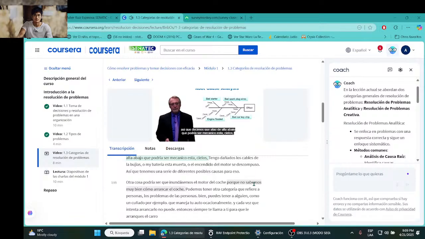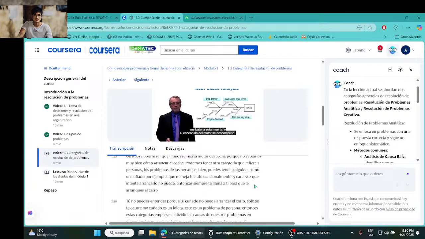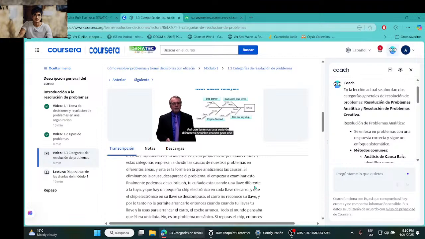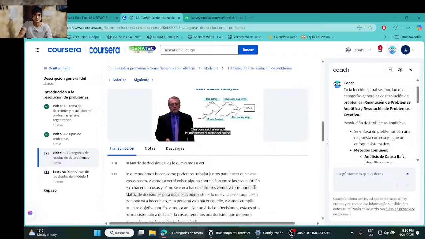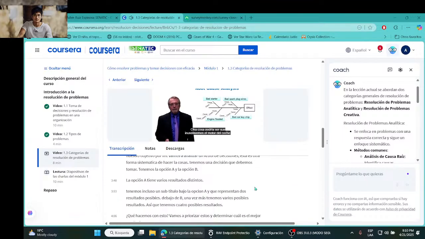So we say something under there that might be mechanical is, I have bad spark plug wires, or my battery's dead, or the starter has gone bad. So we have a number of different possible causes for that. Another thing could be we've flooded the engine in the car because we don't really know how to start a car very well. We may have another category that says people issues.